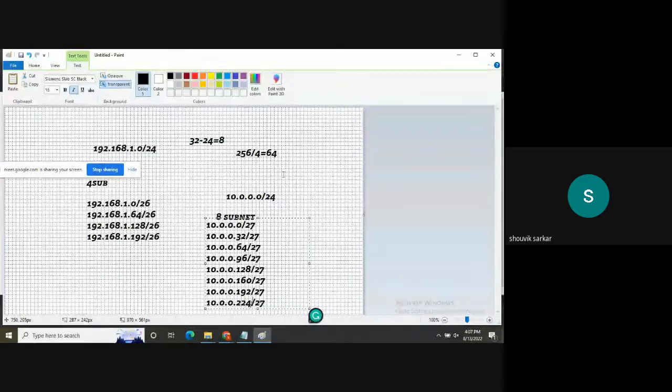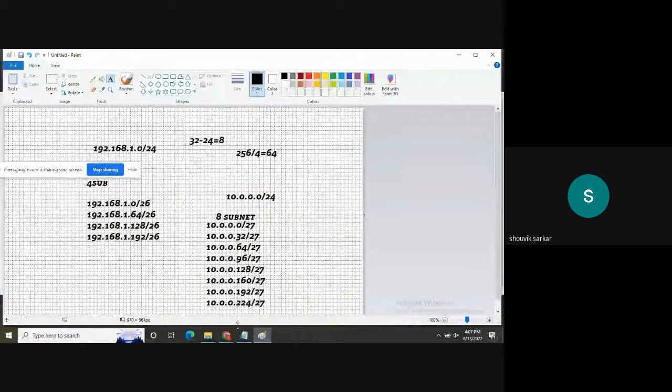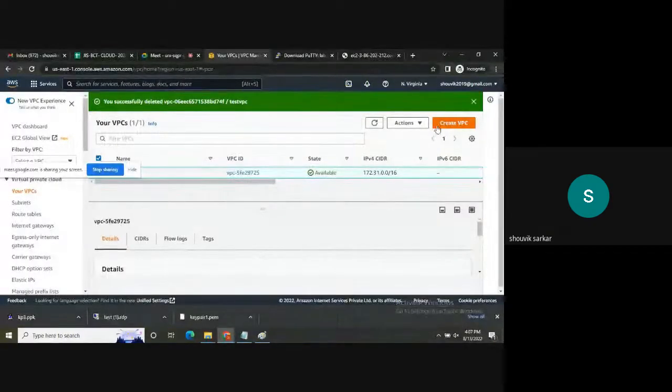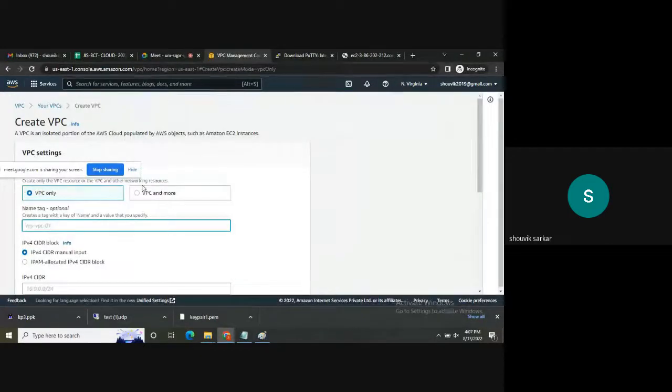So these are the options we have. And the same way, we may write it into our cloud space, create a VPC, and put this IP address in, and it will work. The process is exactly the same. So you may try it.